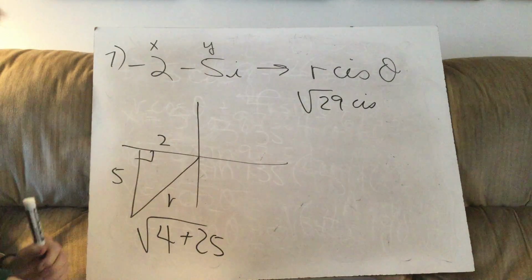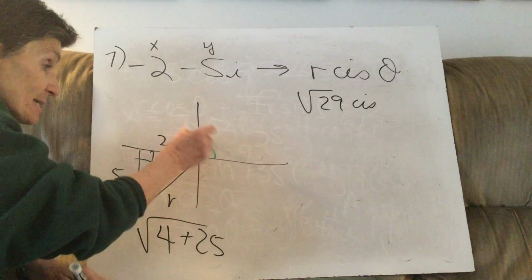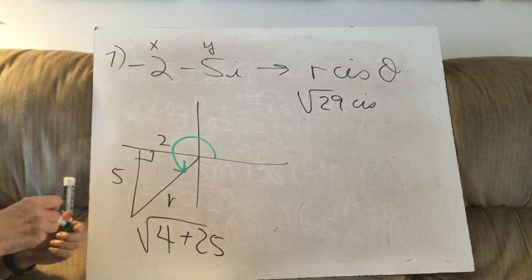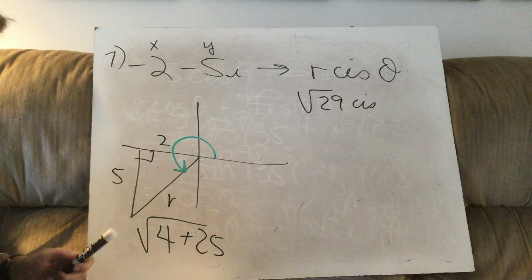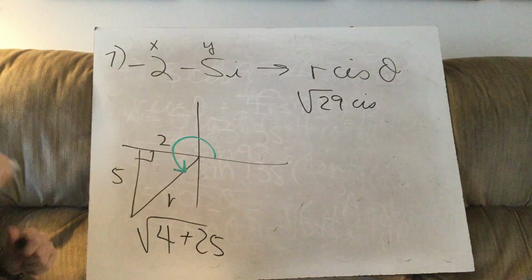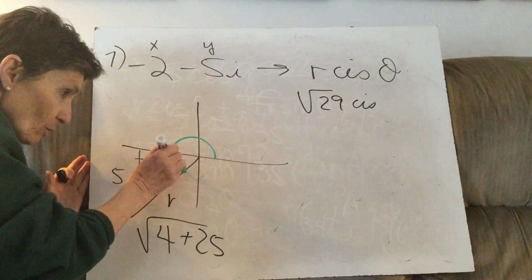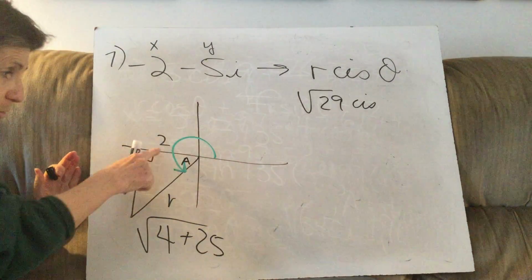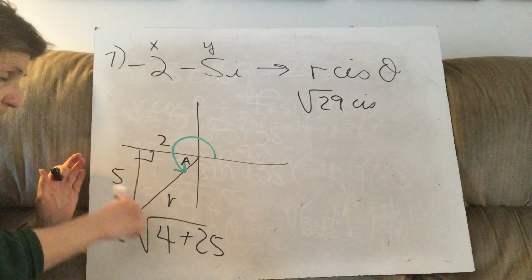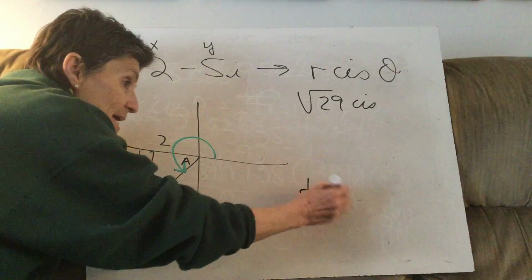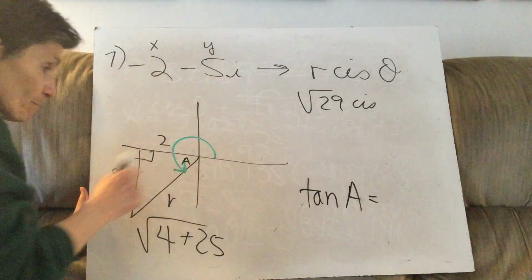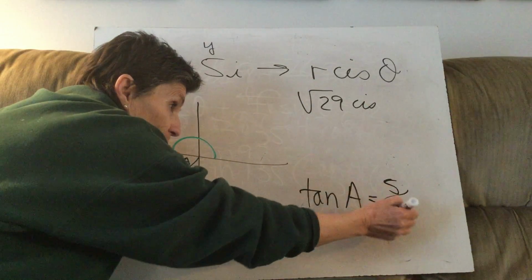Now, theta is the trickier one. This is actually your theta. The big green angle is your theta. You can't find that right now, though. You're going to have to find angle A first, the one inside the triangle there. And we know that the tangent of angle A is 5 halves.